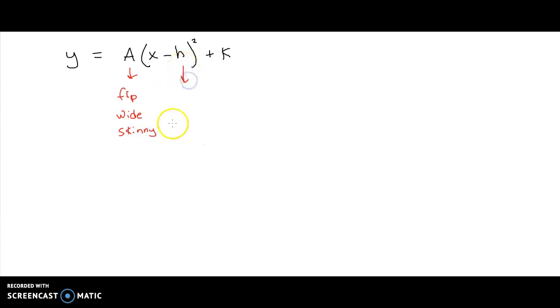The h is going to represent the left and right direction of the parabola. And the k is going to represent up or down.